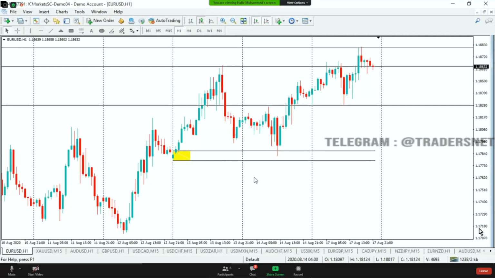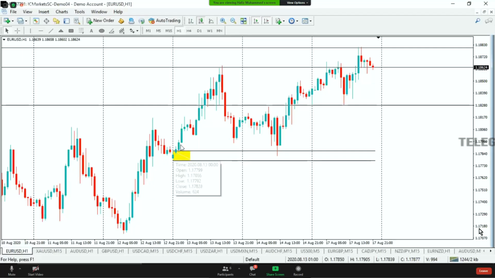From gaps, we look at strong ERC candles, extended range candles. These are the extended range candles, these very strong momentum candles. But if I see a very small zone with small candles, but with a gap up, I'd rather take the zone with a gap up than this zone.